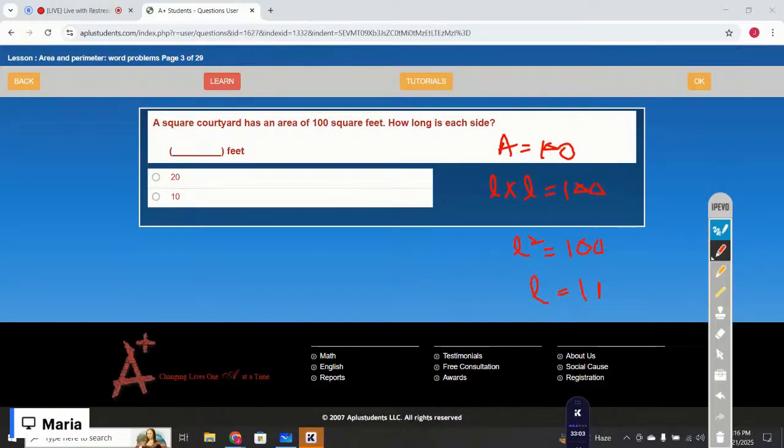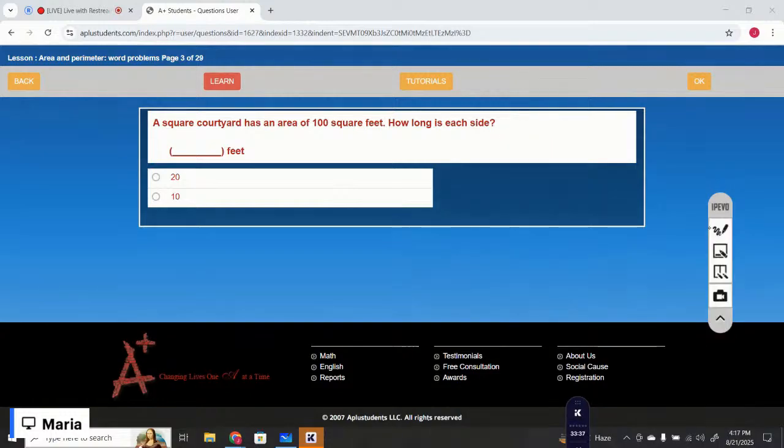You need to calculate the square root. 10 times 10 is 100. The correct option is 10. Ten it is. Option number 2 is the correct option.